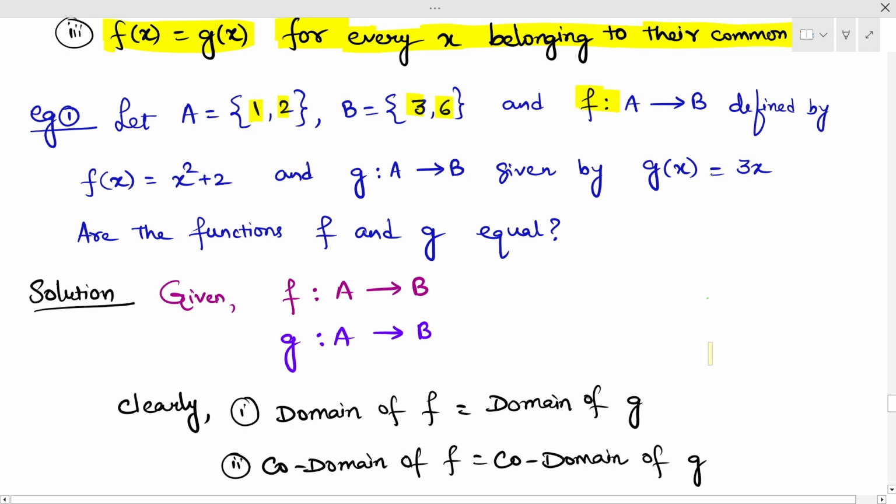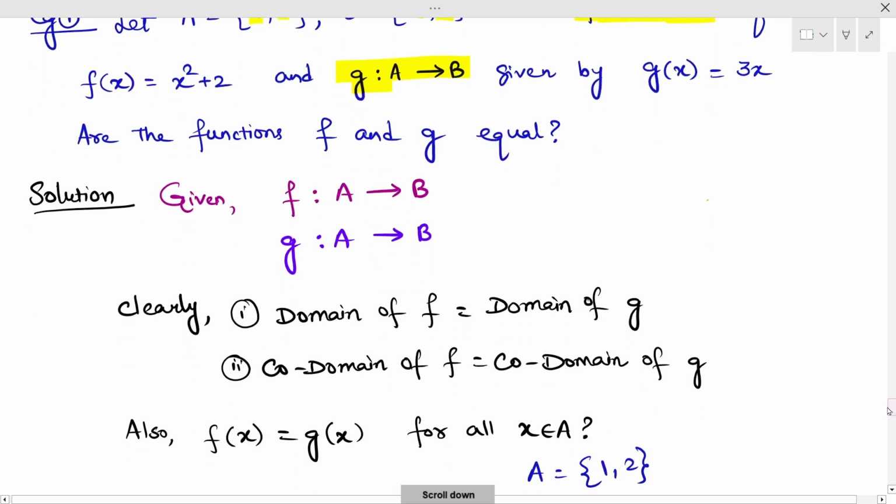Now f is a function from A to B defined by f(x) equals x square plus 2, and g is also a function from A to B defined by g(x) equals 3x. Now we are asked, are the functions f and g equal? So for equal functions we must have the three conditions, right? Let's check each condition.